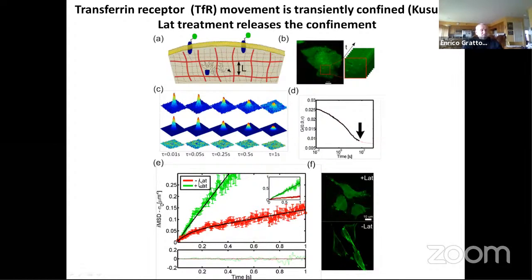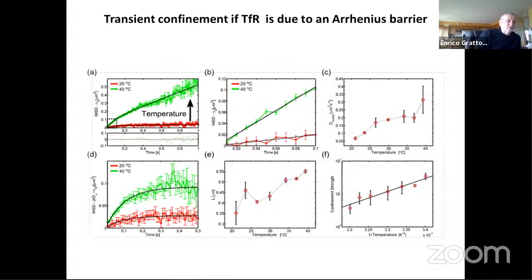In the absence of latrunculin, which is a molecule that will destroy the cytoskeleton, we have this behavior, which means it's transiently confined, as we have seen before. But if we add latrunculin, it becomes almost free motion. That was very nice, and you can obtain essentially the same result that was obtained years before by Kusumi.